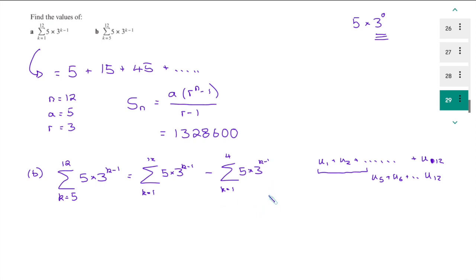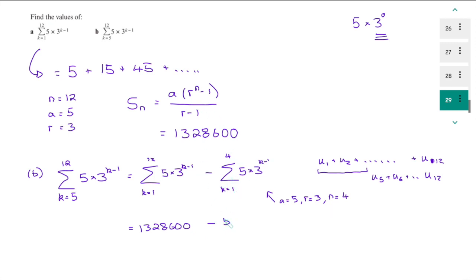And so for this term, well, what have we got? It's almost the same thing here. We've got a equals 5, r equals 3, but this time we've just got n equals 4. So straight away I can put this whole thing is 1328600 minus, and we'll just pop those values in here. So let's just do this together.